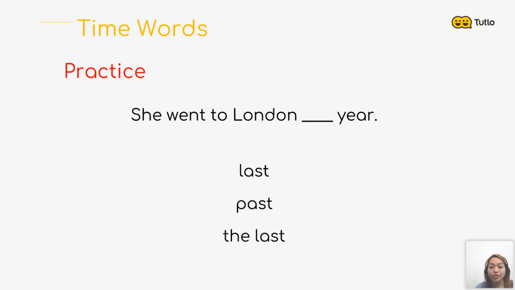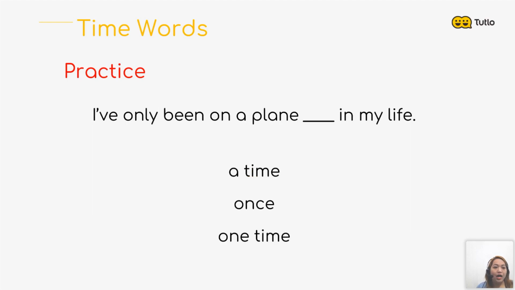In this case, I hear many students that meet me, they say the last year. No, we don't need an article. No article, okay? We just say last year, not the last year. Good. Next.